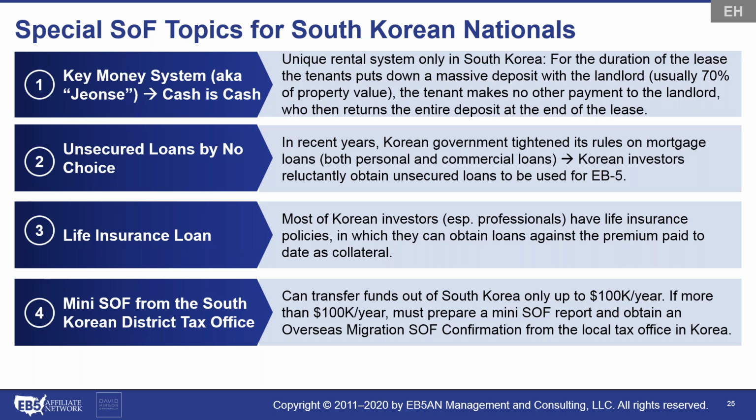So that's what happened. So number one, aside from that issue, a lot of South Korean investors use 전세 as part of their EB-5 money. So what they do is the landlord, let's say the landlord is an EB-5 investor, or it is their parent, and then they give the money that they receive from the tenant to their children.